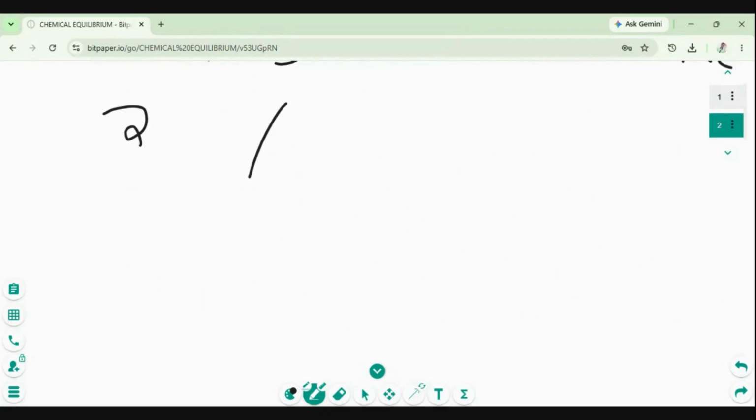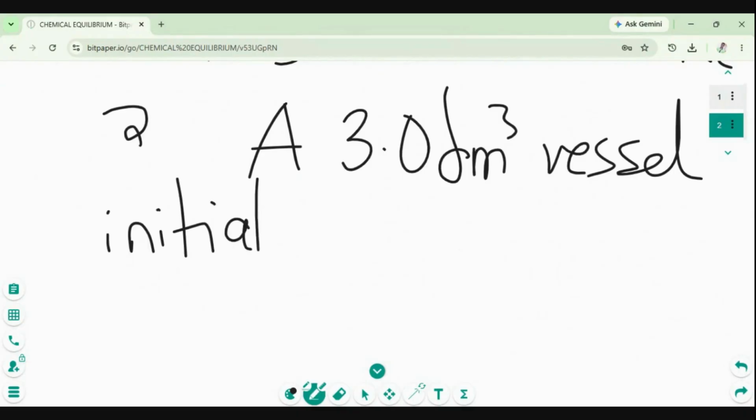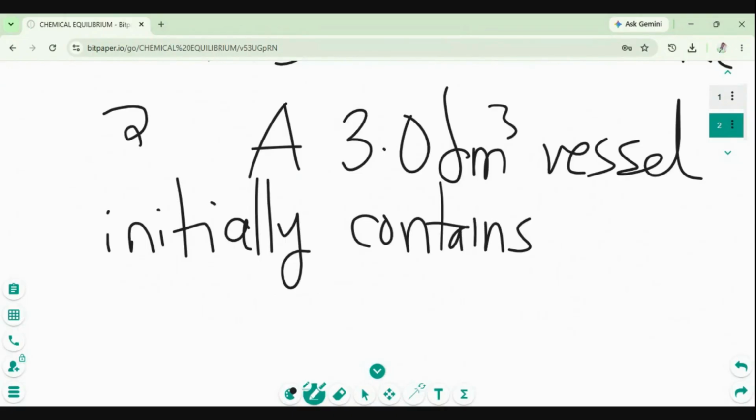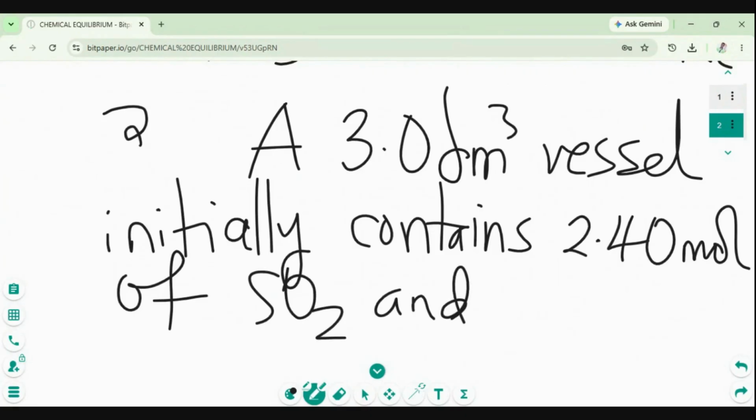A 3.0 decimeter cubed vessel initially contains 2.40 moles of sulfur dioxide and 1.5 moles of oxygen.